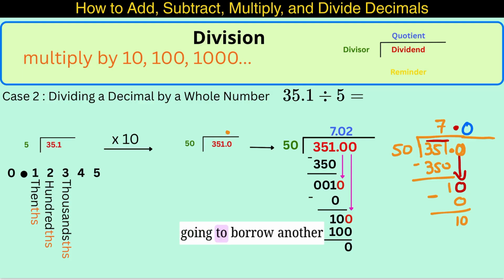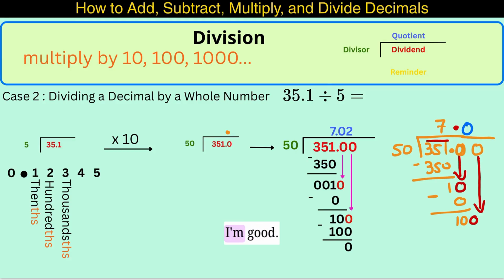Now I am going to borrow another 0 from here, because I'm not done. I need to get 0 here. As a reminder, I need to get 0. So I am going to bring down this 0 here. Now I have 100, and 100 is bigger than 50.